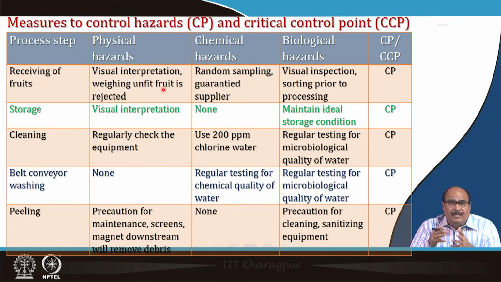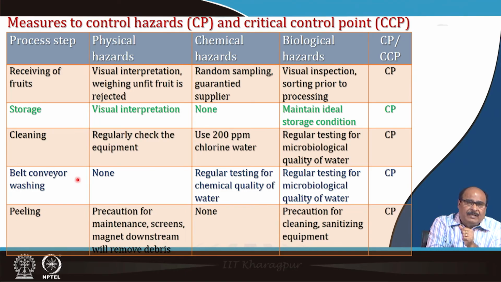So, the CP, control of the hazard, or the critical control point, in the process, in the value chain. For example, again from receiving to storage, cleaning, etc., in all these cases, different measures should be taken. When you are storing, just visual inspection, and for biological hazards, maintain ideal storage conditions.